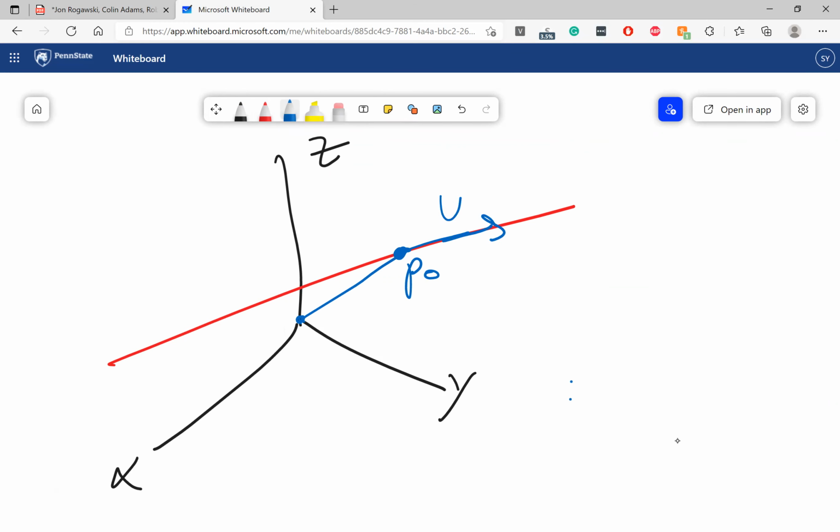So this is the vector v. And you write R of t is equal to P0 plus tv. And as t changes, for t equal to 0, you're right over here. This is t is equal to 0. For t equal to 1, you're right over here, t equal to 1. For t equal to -1, you would be here, t equal to -1.